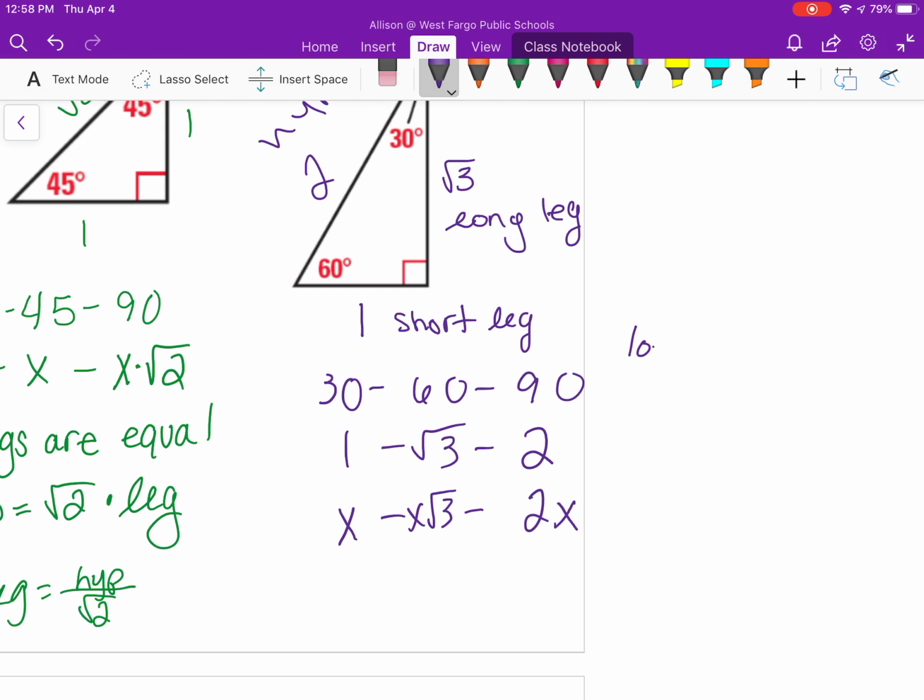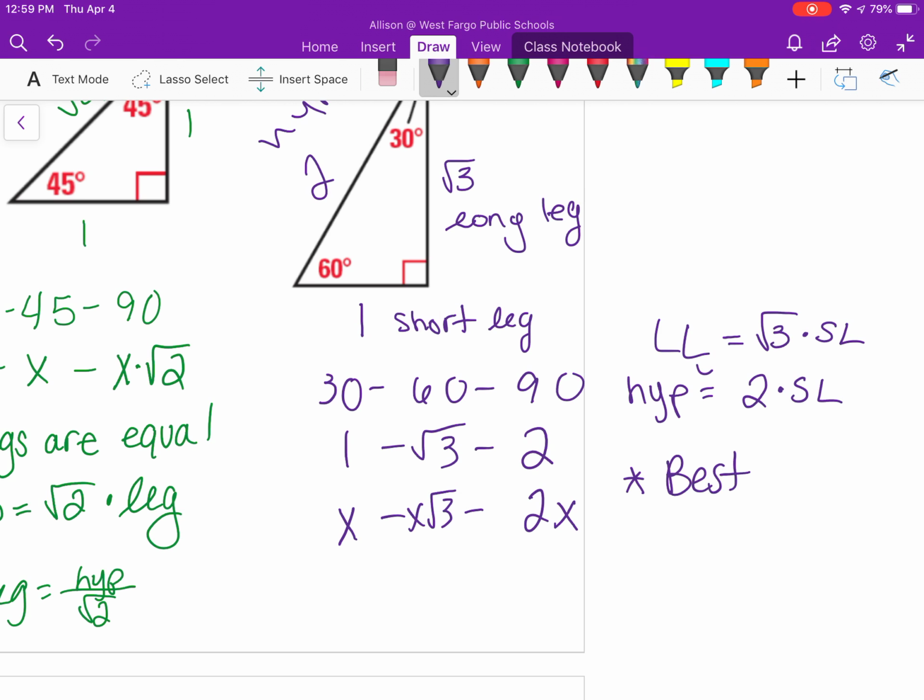The long leg is equal to the square root of 3 times the short leg, using SL for short leg. And the hypotenuse is equal to 2 times the short leg. Since the long leg and the hypotenuse both use the short leg, it's always best to find the short leg first.